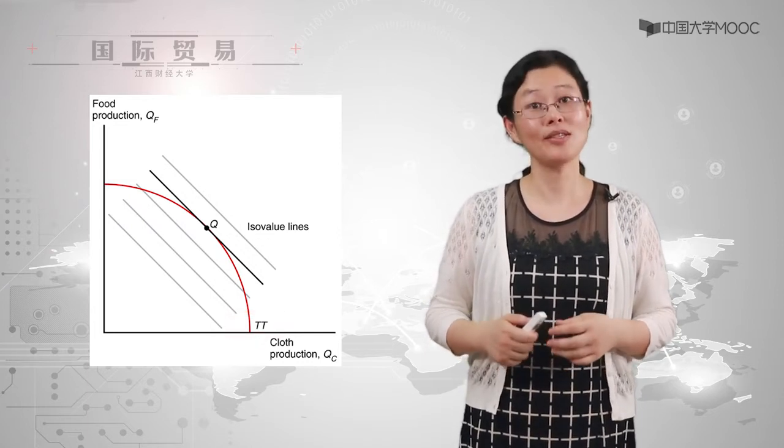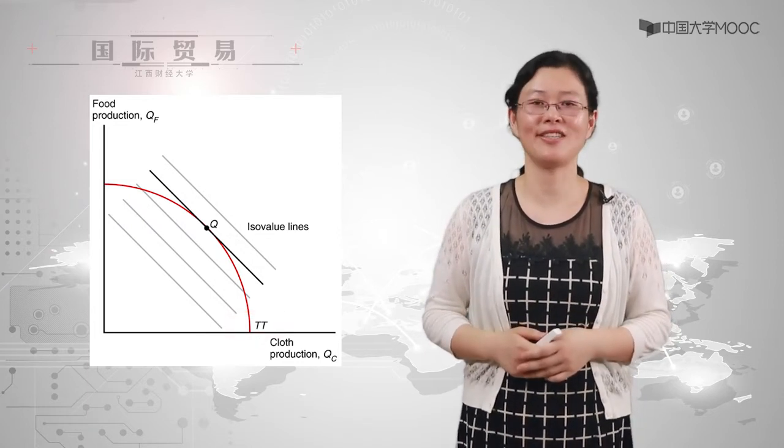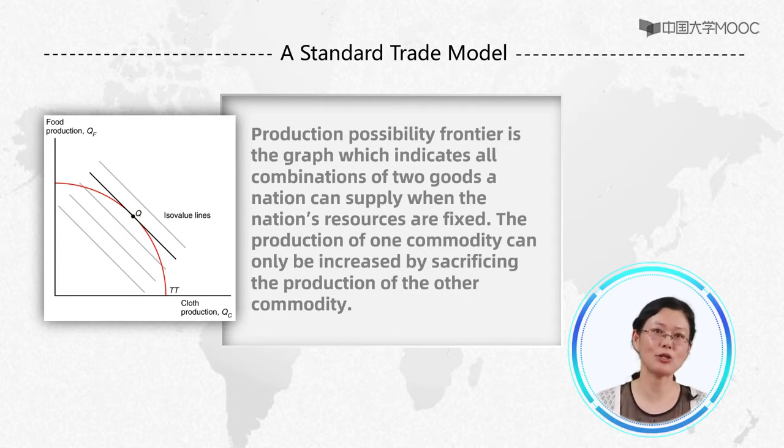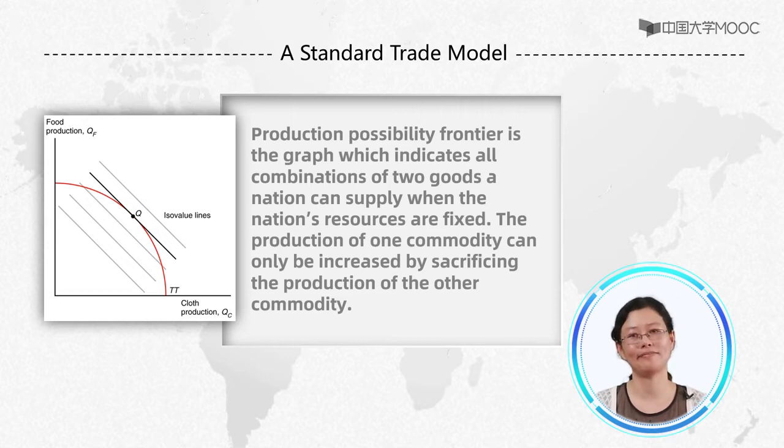But what is the production possibility frontier? The production possibility frontier is the graph which indicates all combinations of 2 goods a nation can supply when the nation's resources are fixed. The production of one commodity can only be increased by sacrificing the production of the other commodity.